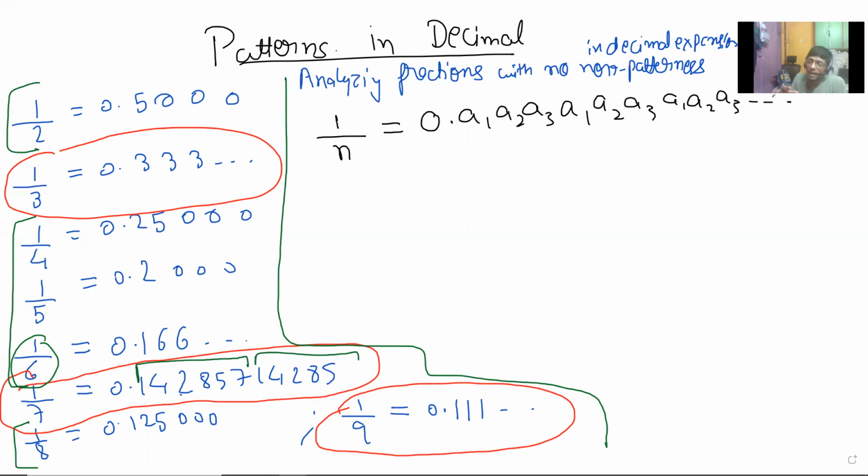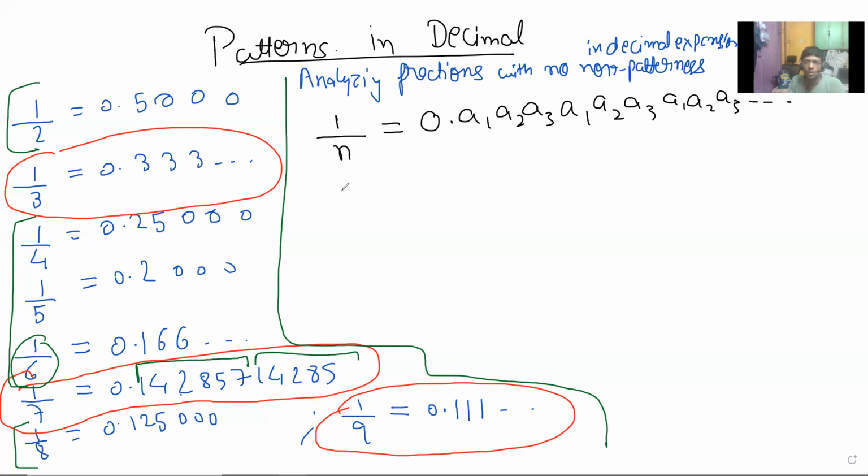We want to show that n doesn't have a 2 or a 5. If n has a 2 or a 5, then there is a non-patternness, but that's the same thing as showing this: if the pattern starts right from the beginning, we want to show that n doesn't have a 2 or a 5. Let's see if we can do that at least.